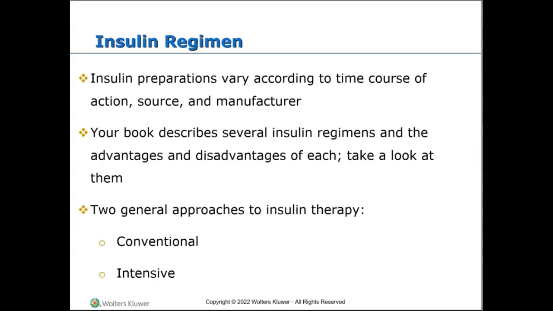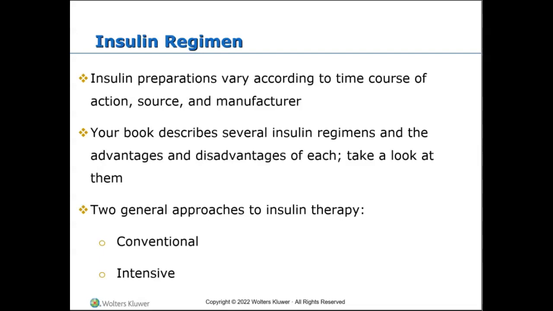And we do have 2 general approaches to insulin therapy, which include conventional therapy and intensive therapy. Compared with intensive insulin therapy, conventional insulin therapy is much less effective at preventing complications associated with type 1 diabetes. So it's usually only considered as a treatment option for people with type 1 diabetes who can't have intensive insulin therapy, okay?